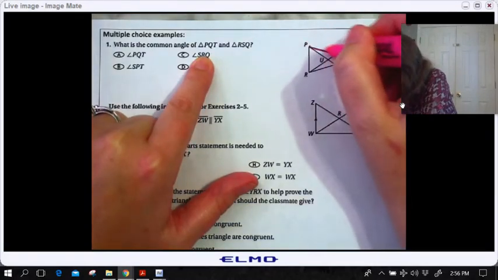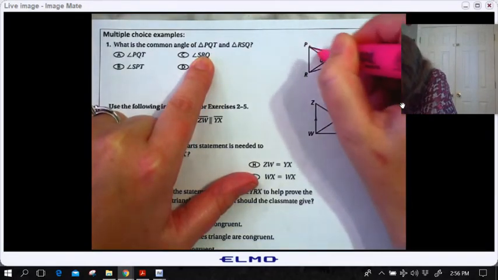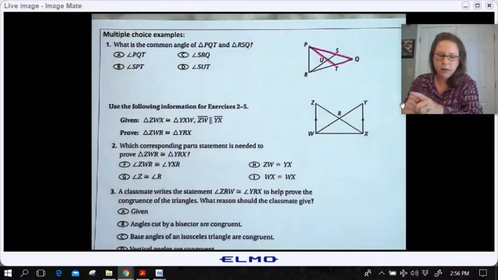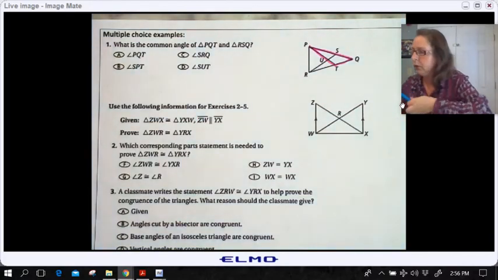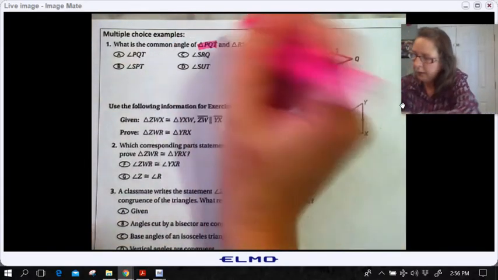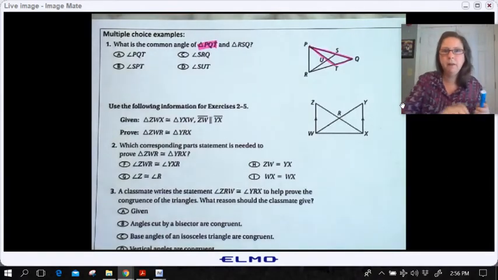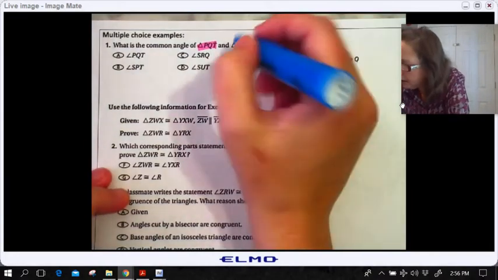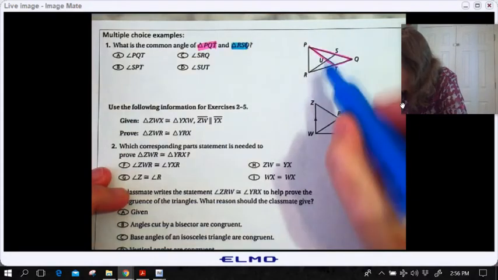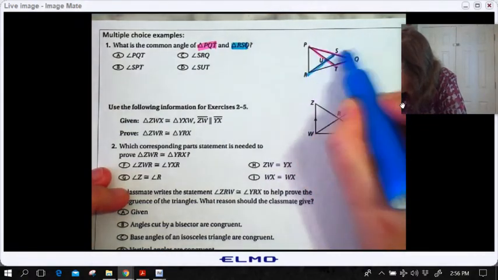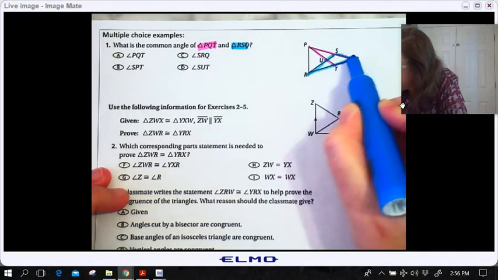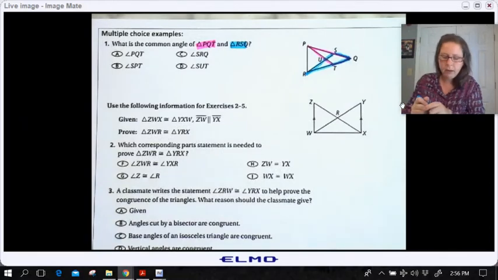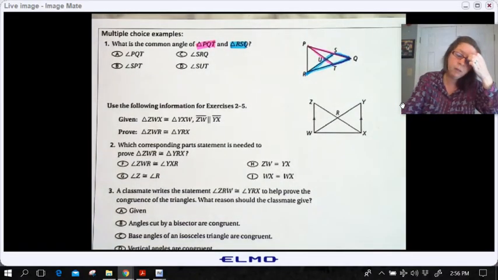PQT, that's that triangle right there, and I made it pink. And then the other triangle is RSQ. What was the one and only one angle that they had in common?